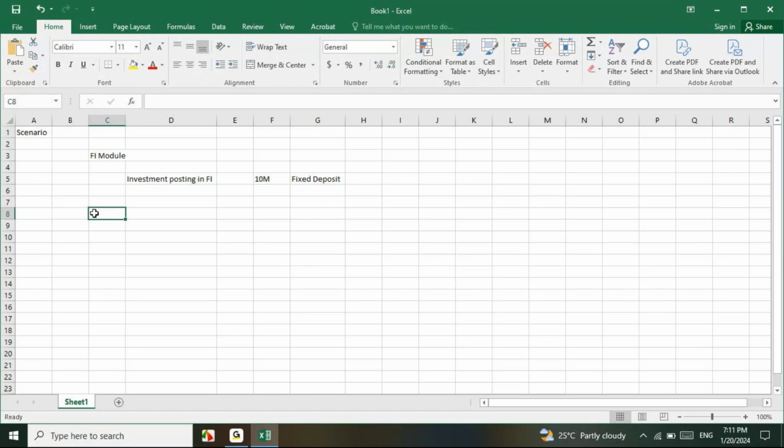When you think of fixed deposits, the corporate investments, what comes to your mind when updating in the FI module? What are the things you can do, and what are the things you cannot do? I want you all to participate and give some input.